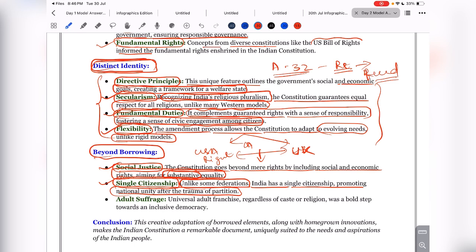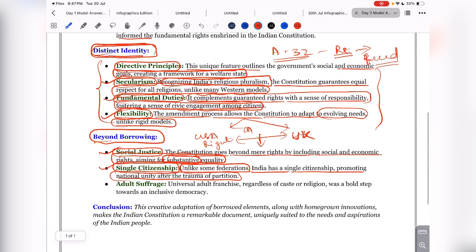So because of that trauma we created a single citizenship. That means whichever state you belong to, whether Kashmir, Tamil Nadu, Arunachal Pradesh or Gujarat, you are a citizen of India. You have equal rights all over India, so that fosters a spirit of brotherhood and national unity.